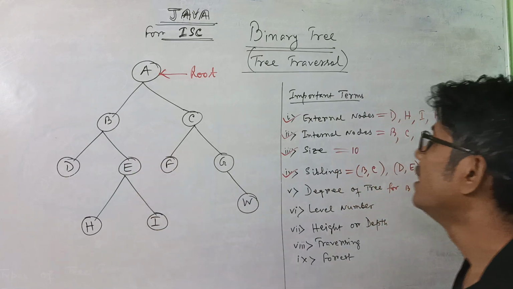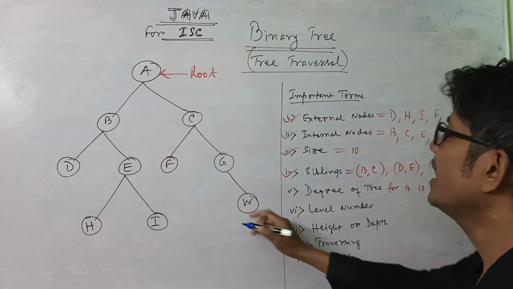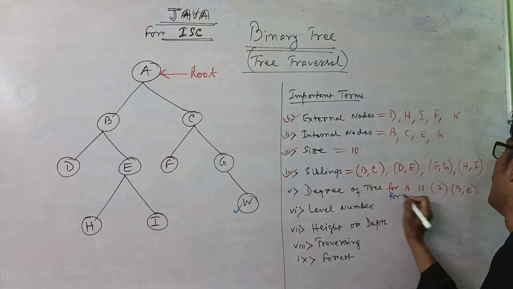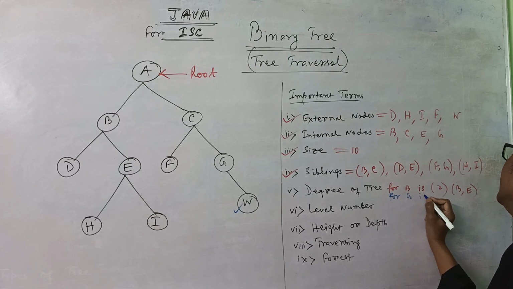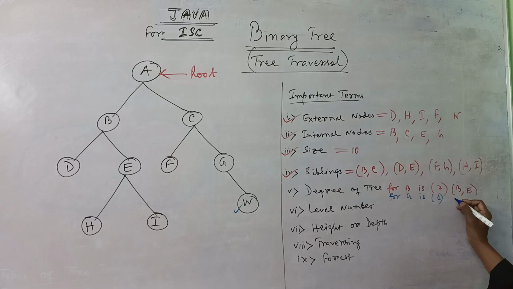And for G, how many? G has only 1. So for G the degree is 1.